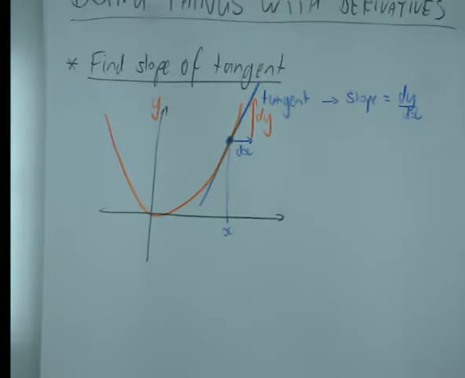Have you been asked those ones? Doesn't sound familiar. Okay, that's cool. You can figure out what the equation of that blue line is based on the slope, and you can use the y equals mx plus c thing. And so you can find slopes of tangents. And connected to finding slopes of tangents is finding maximums and minimums. Maxima and minima.